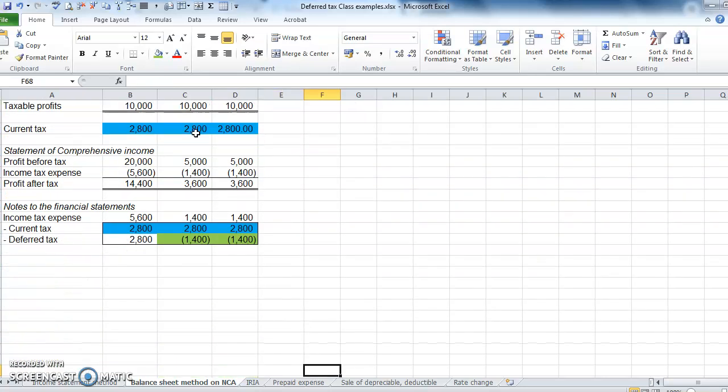So we need to increase our tax expense. The current tax is 2,800, and our deferred tax adjustment is 2,800, so our total income tax expense is then 5,600, which we have over here.